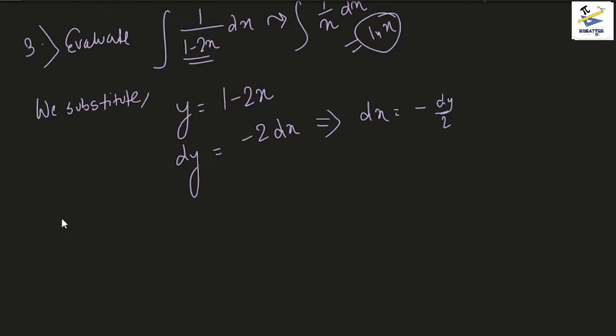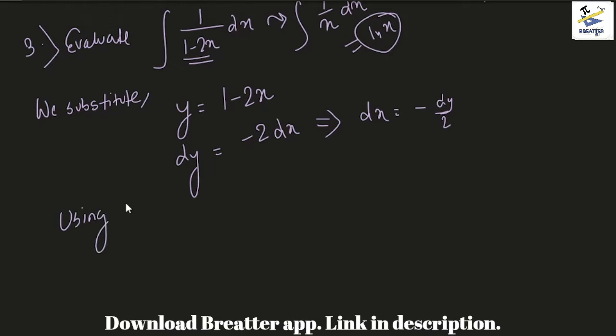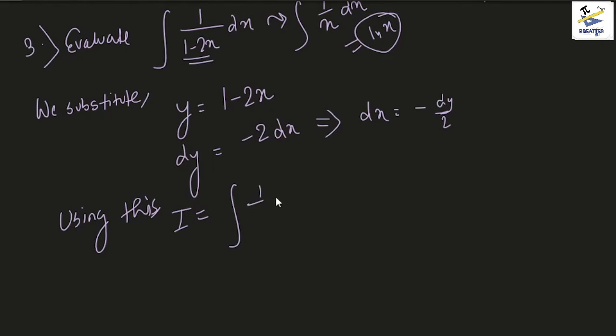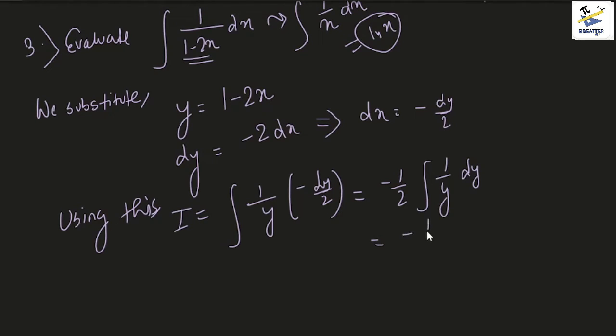Using this, I should be equal to 1 by 1 minus 2x, which is just 1 by y, and dx is just minus dy by 2, right? And so the constant minus 1 by 2 comes out, and we have 1 by y dy. Now this would give us minus 1 by 2 ln of y plus c, and it's time to put back what we have substituted, which gives us minus 1 by 2 ln of 1 minus 2x plus c.